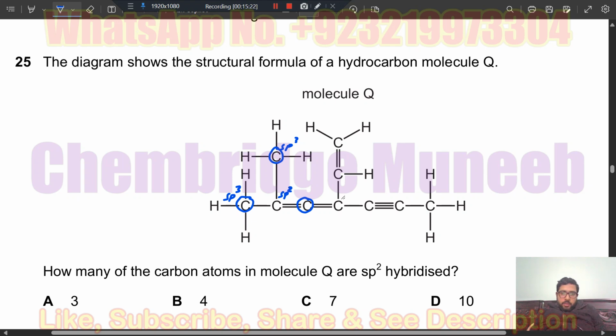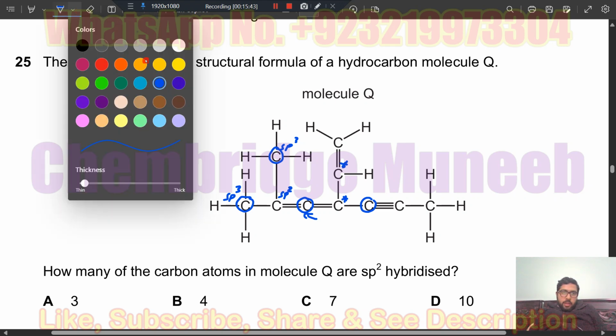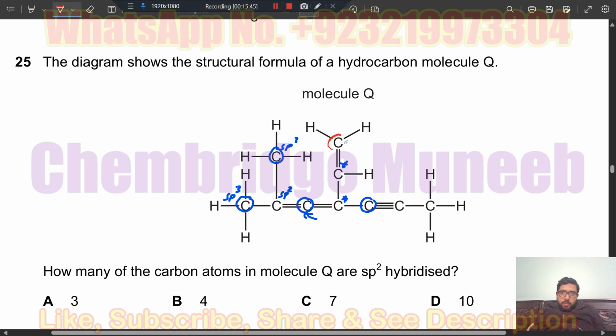And then we consider this carbon as well, which has sp2 hybridization, since it is connected with 3 carbon atoms, 1, 2, and this one is the third. And then this carbon is also sp2 hybridized, since it is bonded with 3 atoms, 1, 2, and 3.